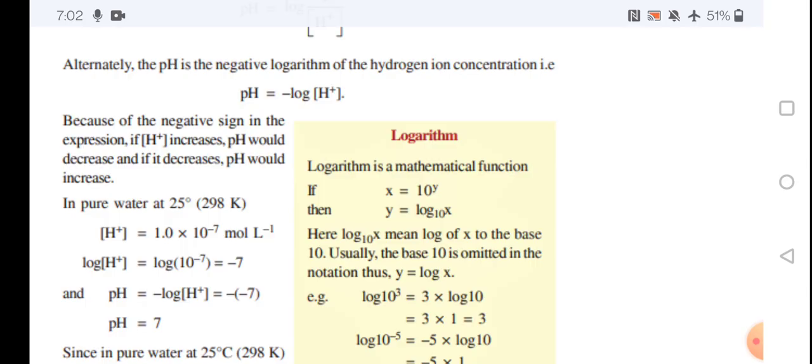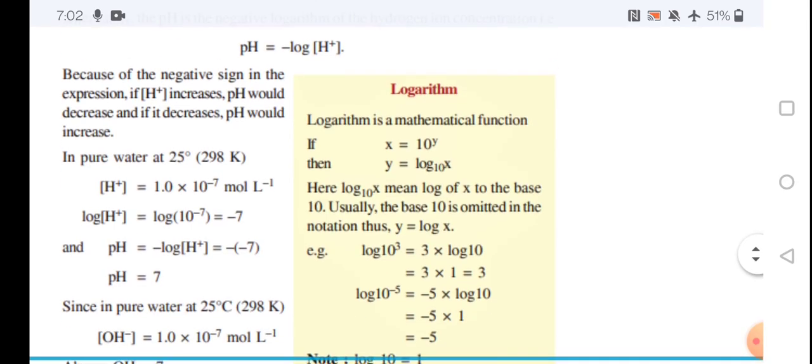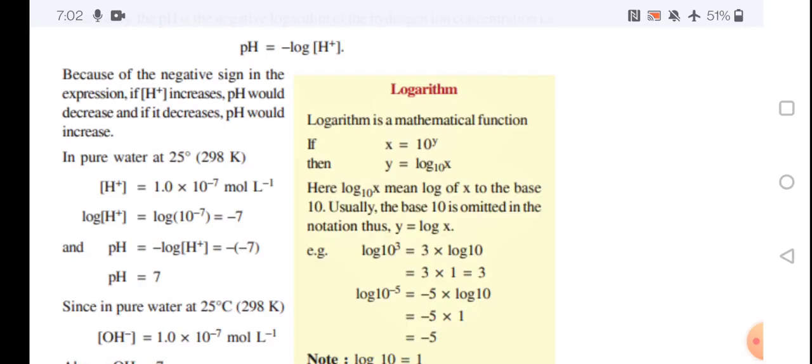In pure water at 25 degrees Celsius, the concentration of H plus ion is equal to 1.0 × 10 to the power of minus 7 mole per liter. If we substitute this value in the logarithm, that is minus log of H plus, minus log of 1.0 × 10 to the power of minus 7.